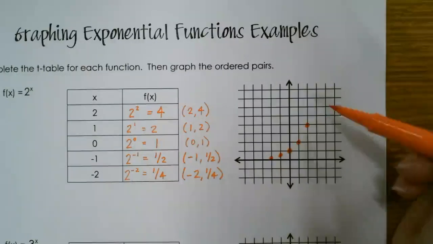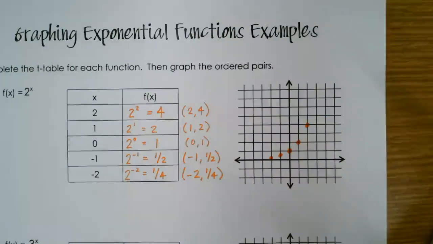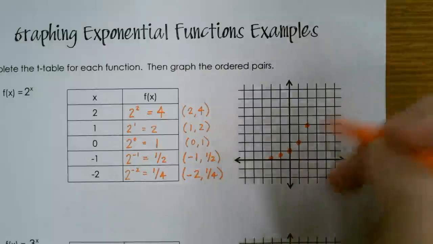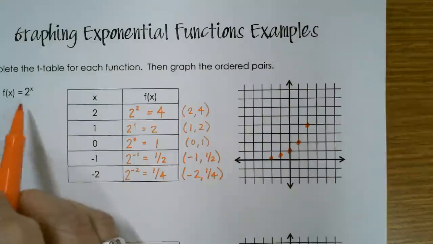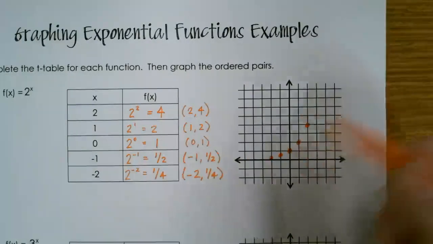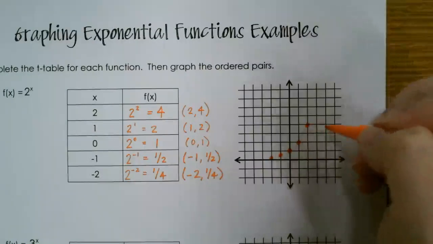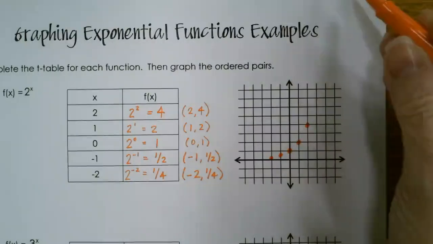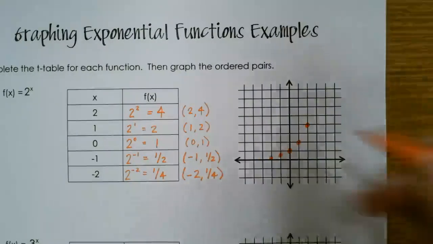So this gives us the basic curve, which is what happens when we graph an exponential function. We get a curve, an exponential curve. So what's happening here is that since the equation is 2 to the x, all we're doing is multiplying by 2. So this is at 4, the next one would be up at 8, the next one would be up at 16, the next one would be at 32, and so on.